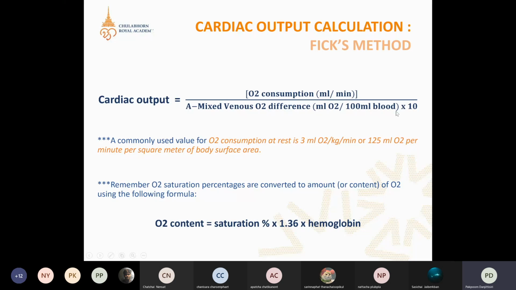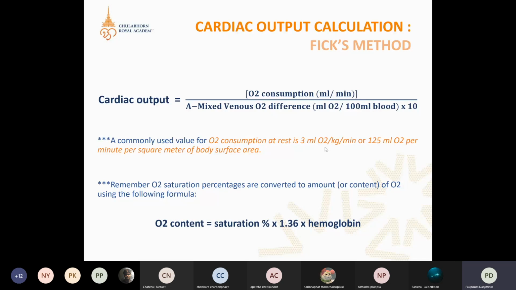And how can we find the oxygen consumption? If you have the patient's weight, you can multiply 3 by the patient's weight.